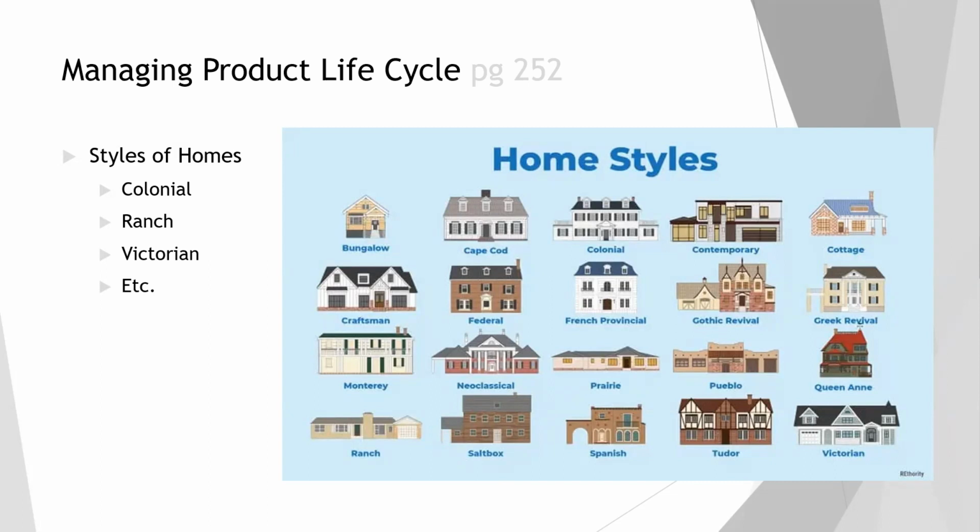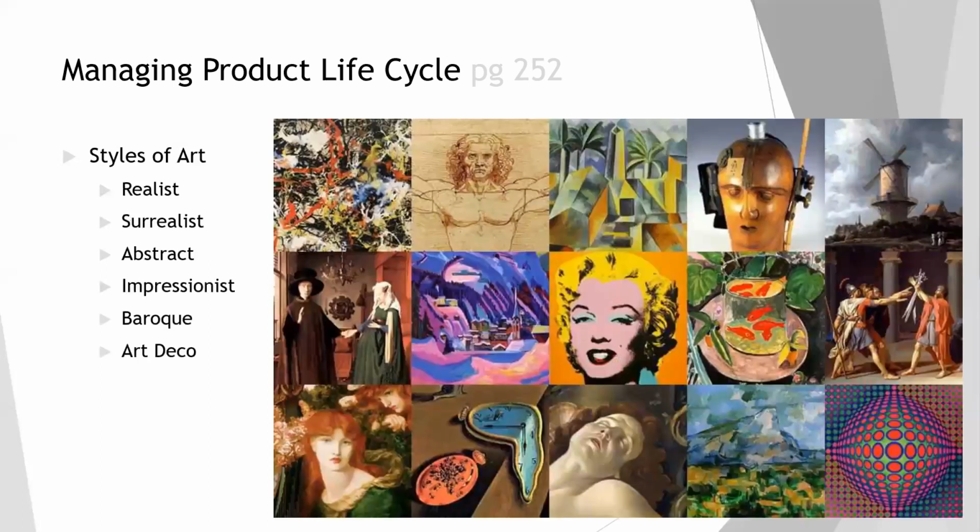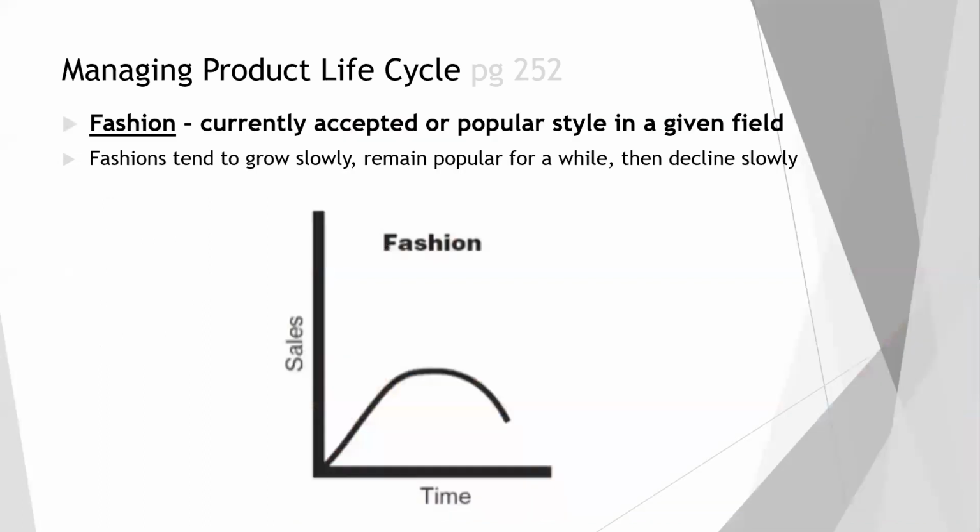It could be a Victorian. Modern farmhouse seems to be the very popular style right now. It's eventually going to be out of vogue for a little bit, and it'll probably come back into style. So just an example. Styles of art. There are all sorts of different styles of art. You could be a realist, a surrealist, abstract, impressionist, Baroque, Art Deco. There are a lot of different styles of art.